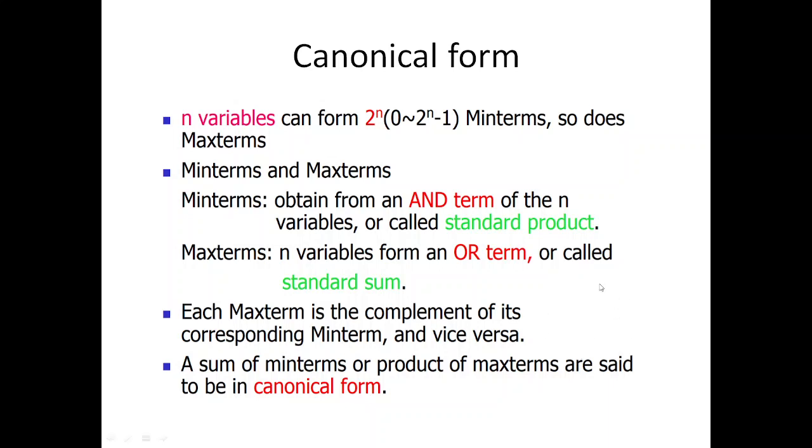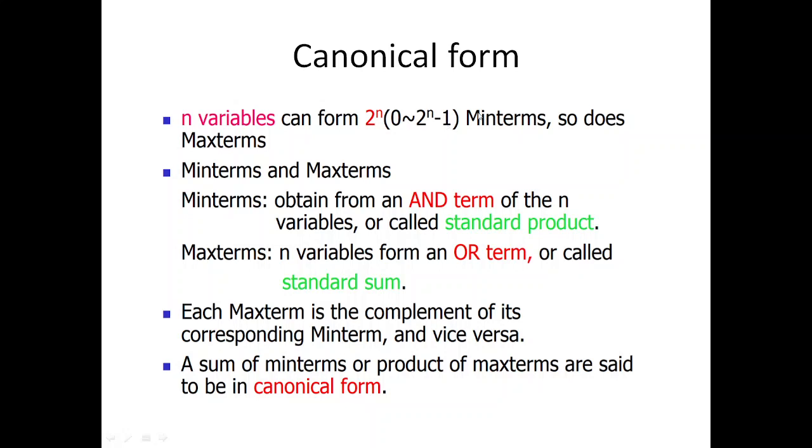Canonical form. If the Boolean function consists of n variables, then the total number of min terms for those n variables is 2 power n. The min term combinations take the values from 0 to 2 power n minus 1.